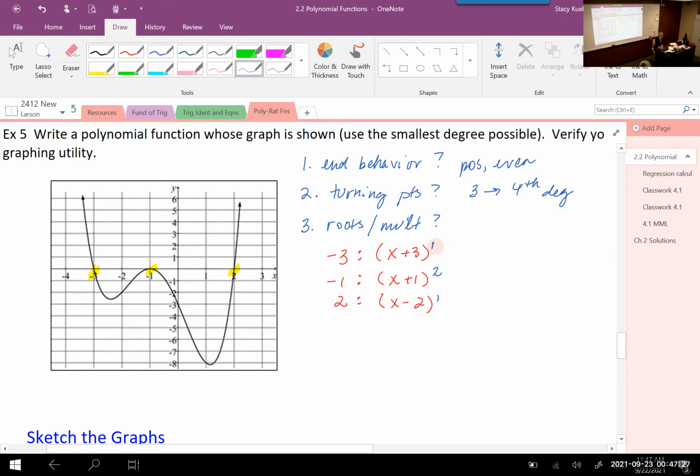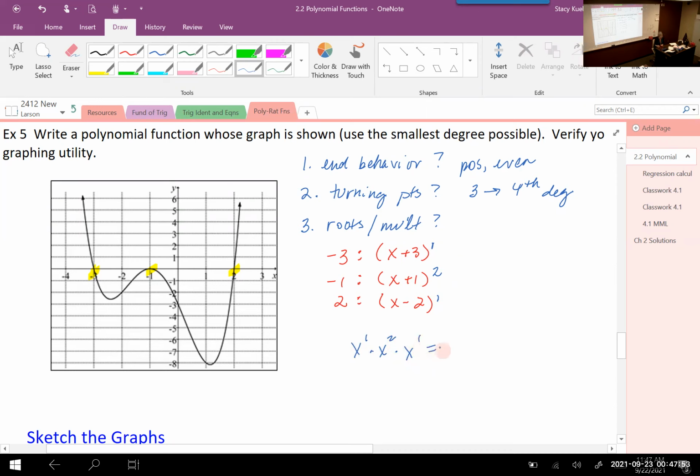Now, if I expand all of these out, I would have this variable raised to the first power times this variable raised to the second power times this variable raised to the first power, right? So x to the first times x squared times x to the first.